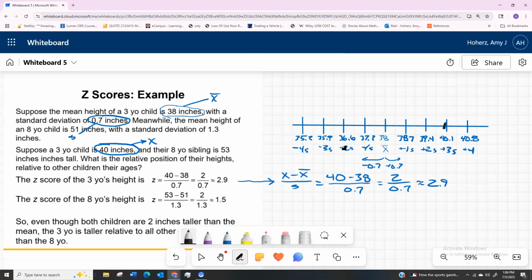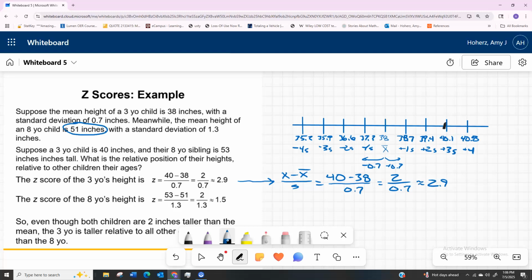Okay, so now we're going to use that and we're going to compare that to their sibling, but their sibling has completely different information. So if we look at the sibling, I'm not going to do the whole number line out for the sibling. Each sibling is going to have different information depending on their age. So for an 8-year-old, the mean is 51.